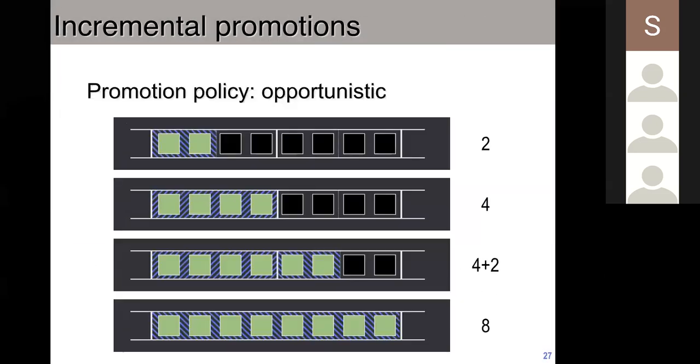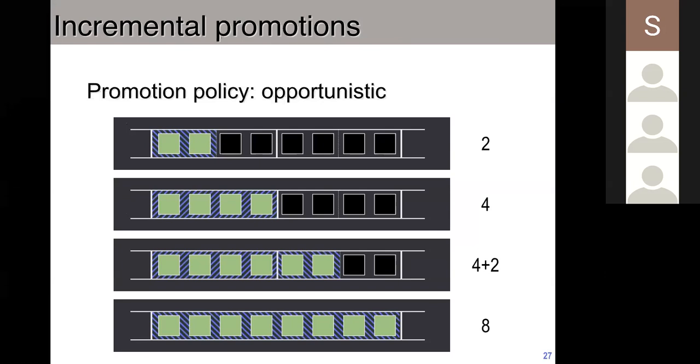All right. So the other thing they mention is opportunistic promotion. What that means is that here, for example, we have a reservation of size 8 base pages. But then the application goes ahead and accesses 2 base pages that are next to each other. Now, they go ahead and create a super page of size 2, even though the reservation is of size 8, but the super page is of size 2.